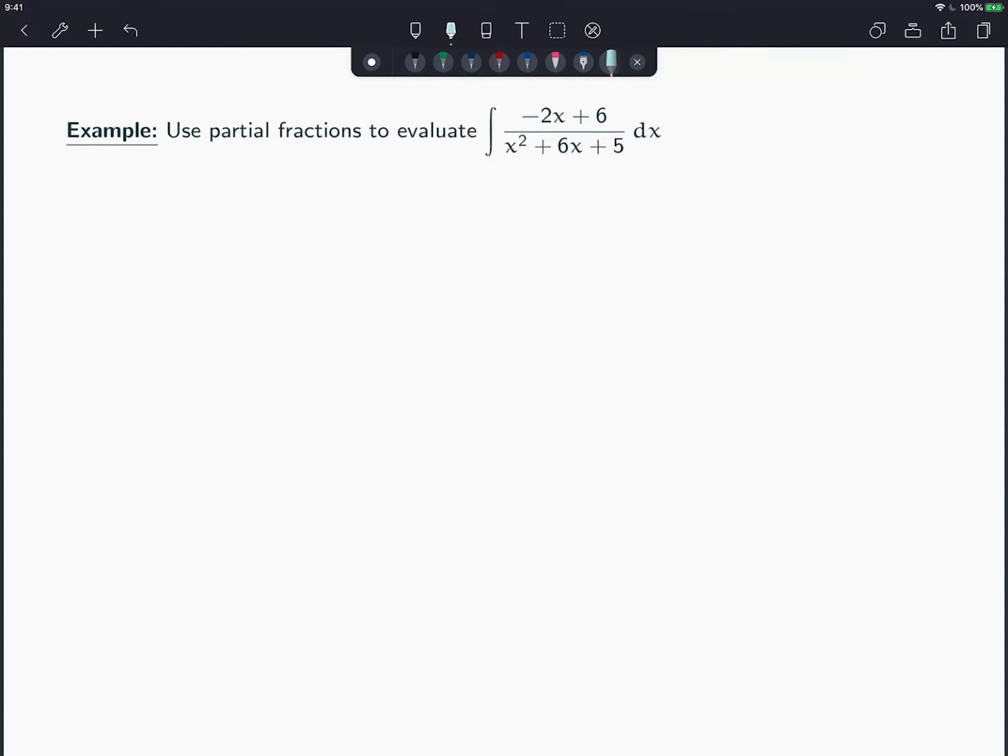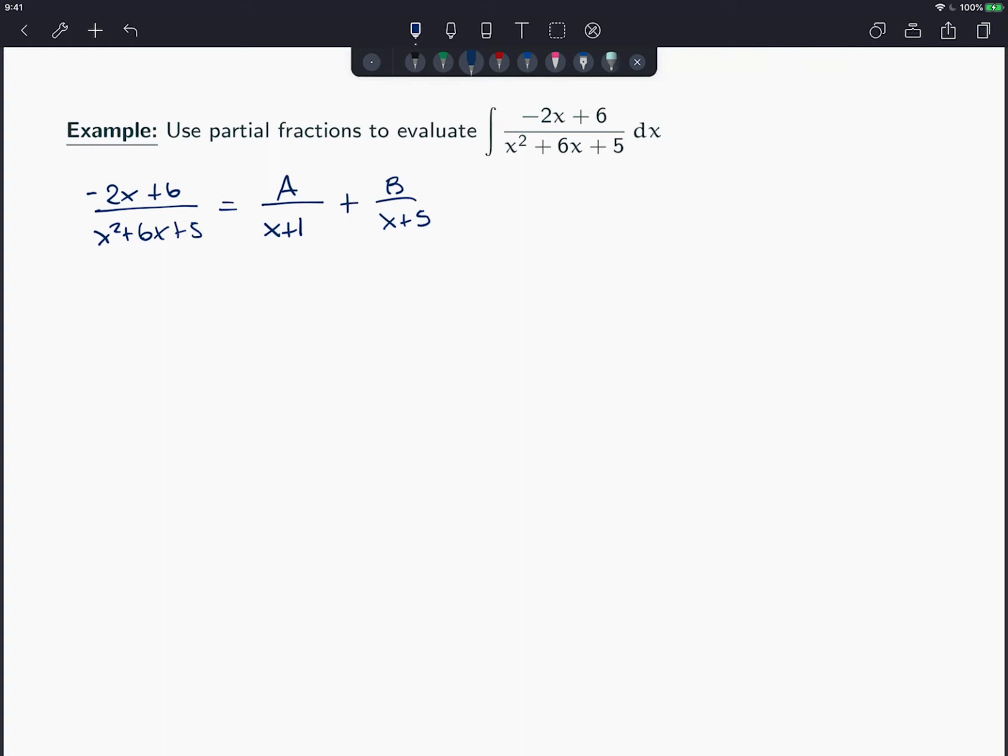I'm not going to copy the integral, just the negative 2x plus 6 divided by x squared plus 6x plus 5. I wanted 2 terms. One of them will have denominator x plus 1. The other one will have denominator x plus 5. Because those are the factors of my denominator.